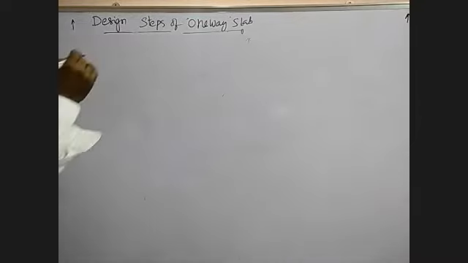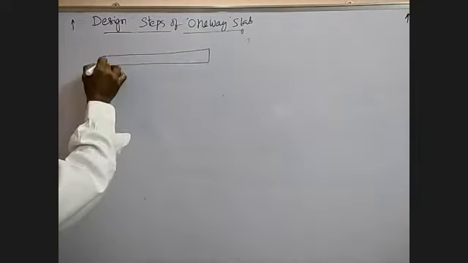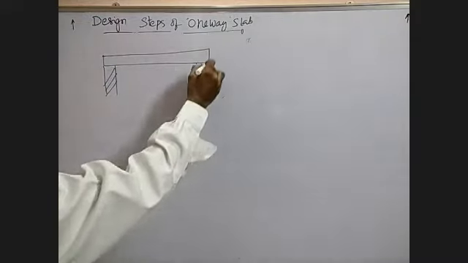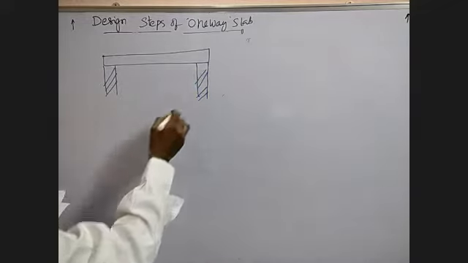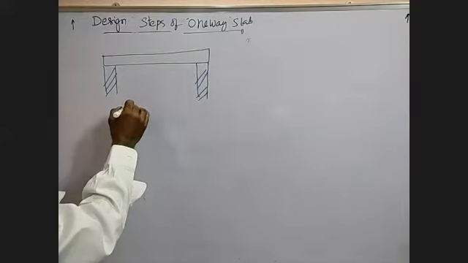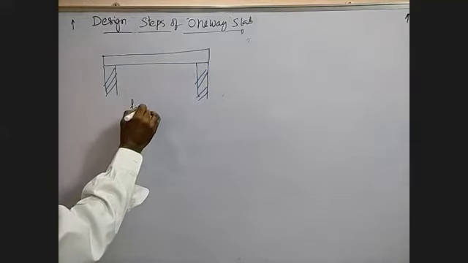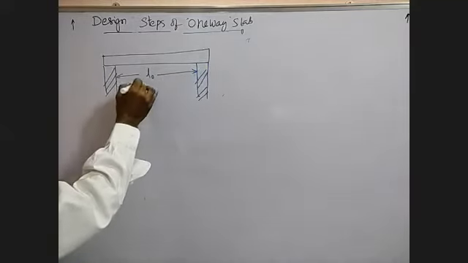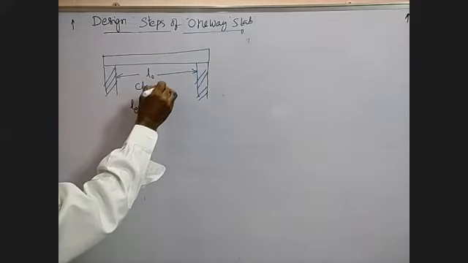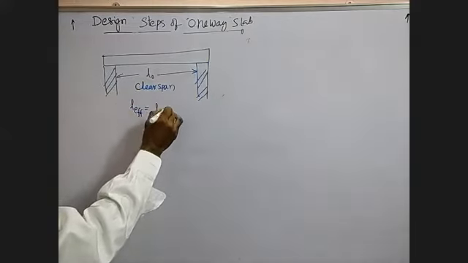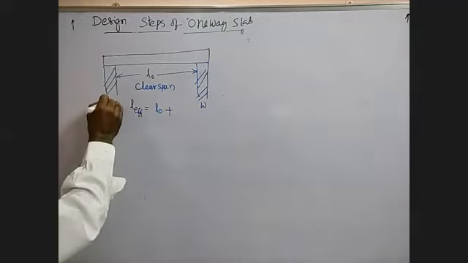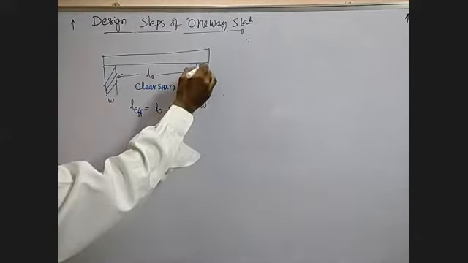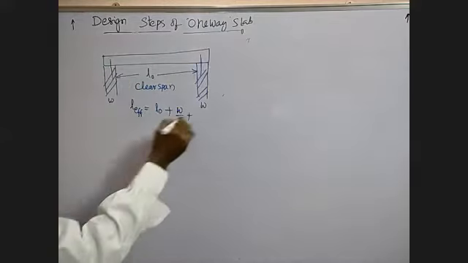Now let us say this is a slab supported on the walls. Here L effective is equal to L naught, the clear span, plus W by 2 plus W by 2, where W is the width of the support.